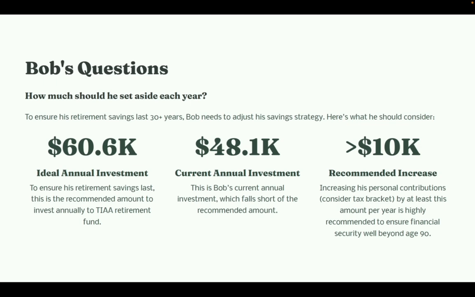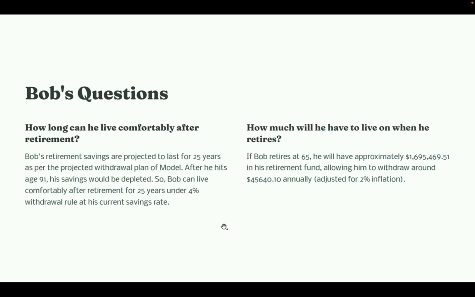The second question is, how much should Bob save annually? To ensure his savings last 30 plus years, Bob should ideally invest 60.6K annually instead of his current annual investment of 48.1K. So it's an overall 10K increase with consideration of tax brackets. The third question is, how long can Bob live comfortably after retirement?